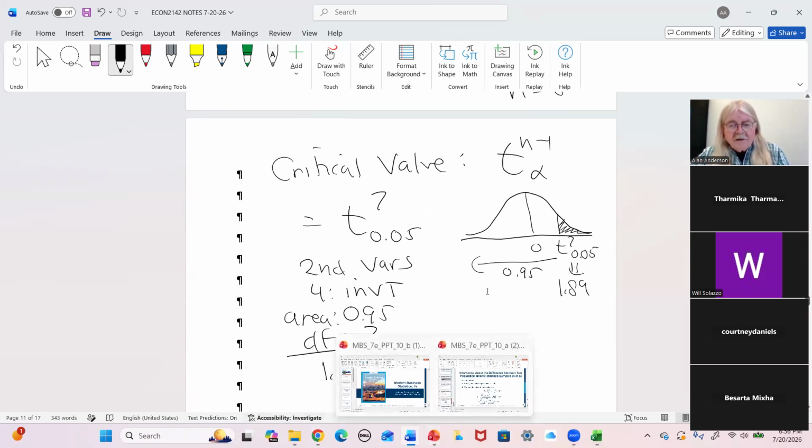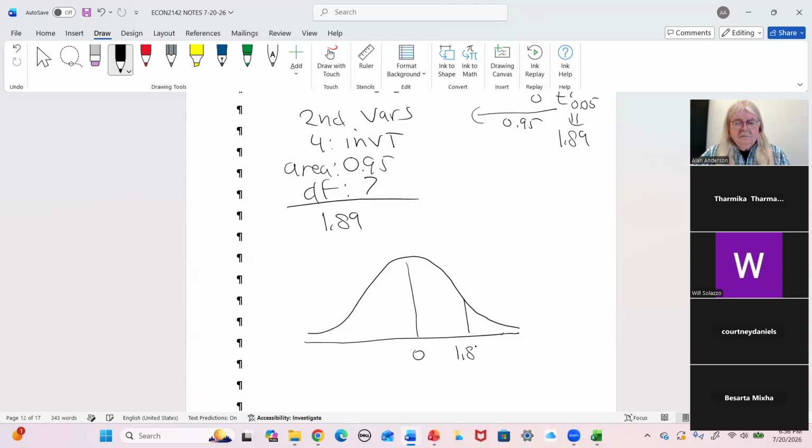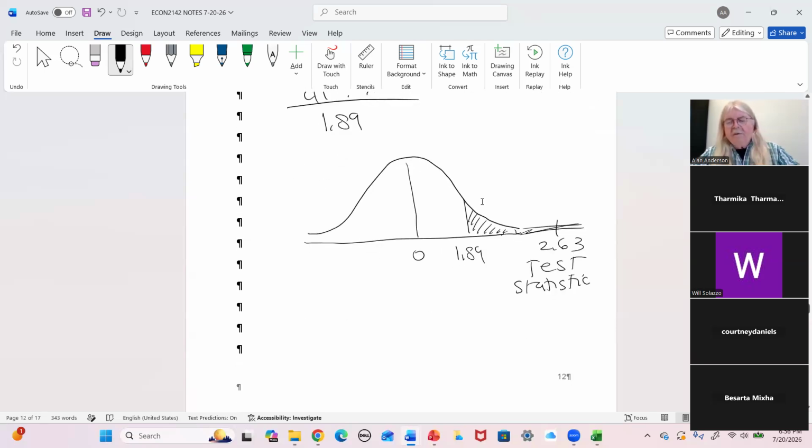Remember, just a second ago, we calculated our test statistic to be 2.63. And so that, of course, means that we reject the null.